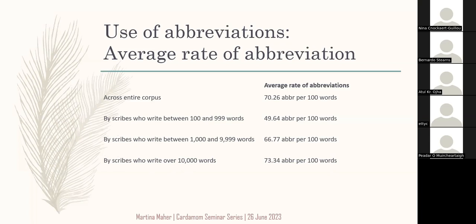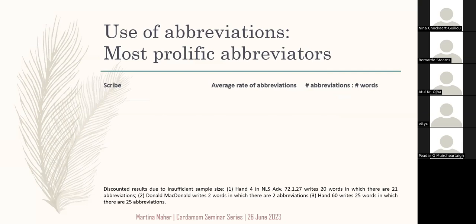So if we have scribes who write between 100 and 1,000 words, that's just under 50 abbreviations per 100 words. If they write between 1,000 and 10,000, it is just over 66 abbreviations per 100 words. And if they write quite long contributions in total, where they have over 10,000 words in the corpus, it tends to be up at about 73 abbreviations per 100 words.